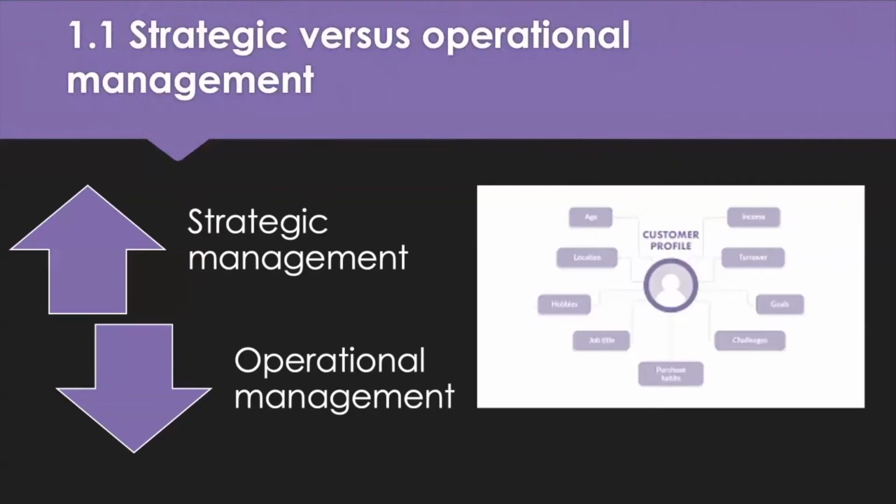So we've understood the differences in decision-making at these levels, but the differences between strategic and operational management involve situational analysis, strategy formulation and implementation, and evaluation of strategies. It looks at decisions that affect the whole organisation.